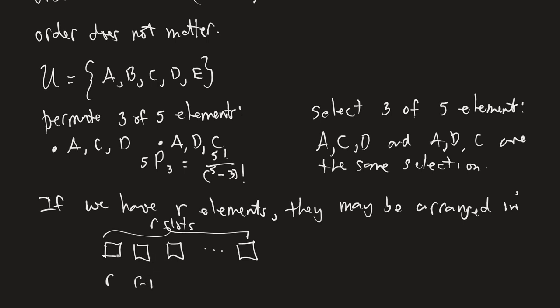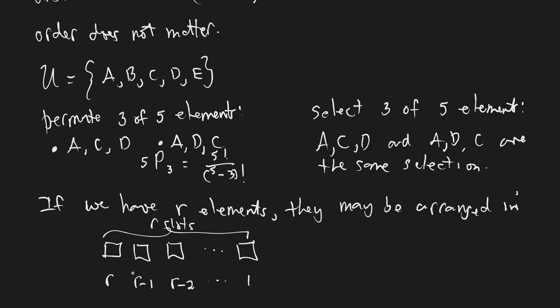Similarly, after filling the first two slots, when we're filling our third slot, how many elements do we have left? That will be R minus 2, and so on, until we get to the very last slot. Since we're filling these R slots with R elements, there's only going to be one left over. So how many ways could we come up with this arrangement or permutation?